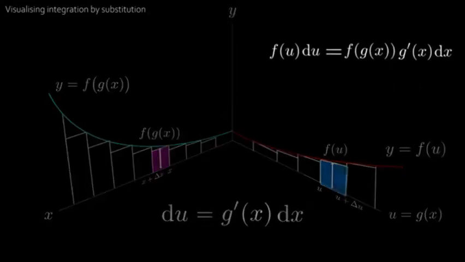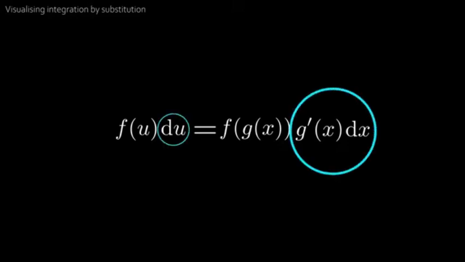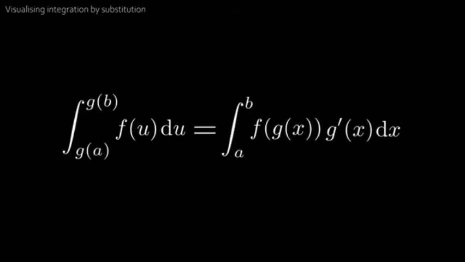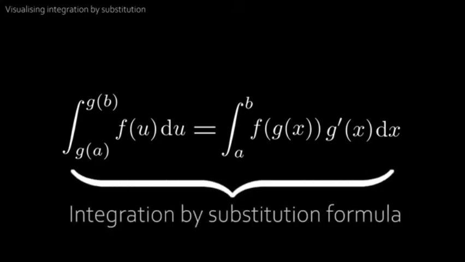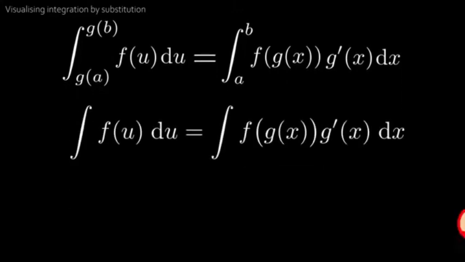So we can see that the width of the rectangle has been scaled by g dash. Now if we add up all the extremely small rectangles, then this is the same as integrating between the respective bounds, and this is our integration by substitution formula. And naturally we can extend this formula to indefinite integrals.